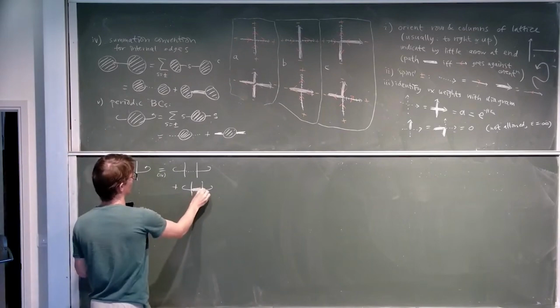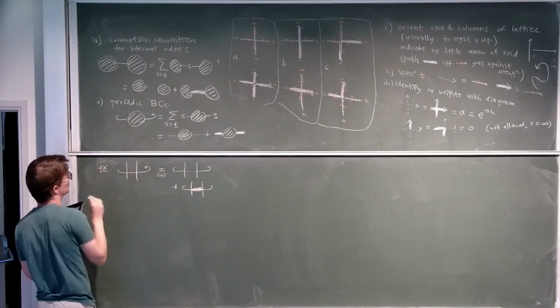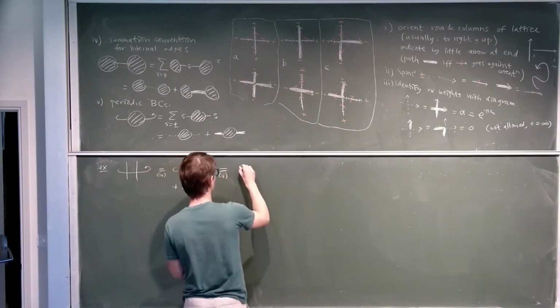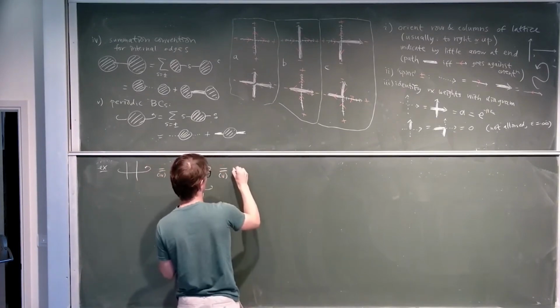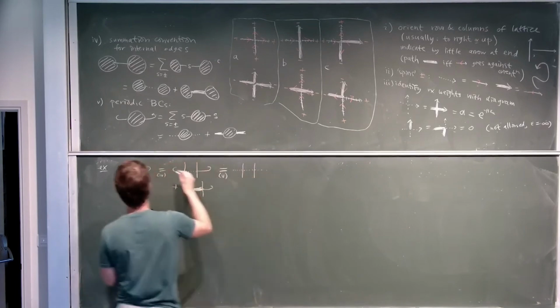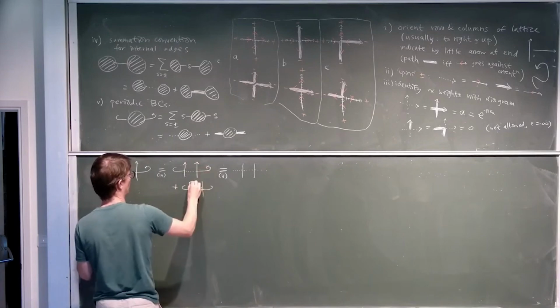But now we also have a kind of an internal line, but wrapping around the cylinder on which it is drawn. So by the rule for periodic boundary conditions, we have to expand each of these again. So the top one has two possibilities. It's up, sorry, and I'm supposed to orient my lines. So there we go.